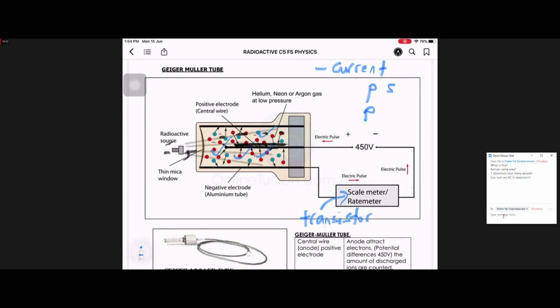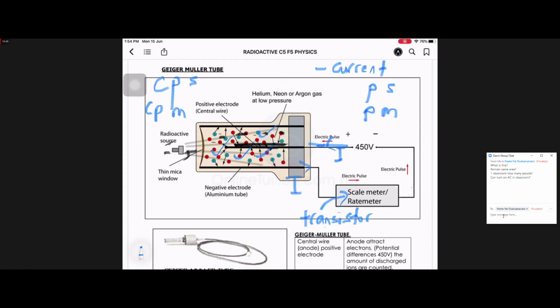That's how we get the count per second or count per minute. We are looking at the number of times current flows in the circuit. As the number of times current flows in the circuit, we will know the quantity of discharge which is detected. All right.